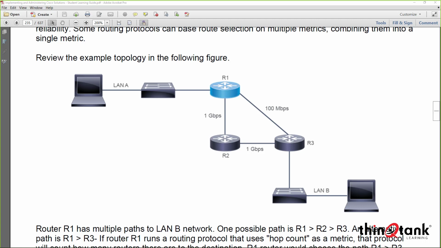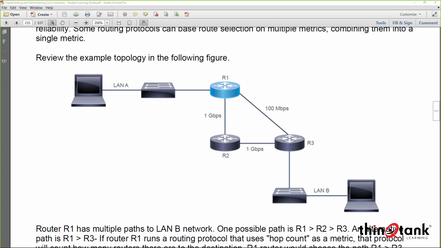Of course, RIP doesn't do that because RIP uses hop count as a metric, so it doesn't make a very good decision, right? EIGRP, OSPF, they use bandwidth as part of their metric. EIGRP also uses delay by default, which is another fixed value based on the interface type that you can modify.